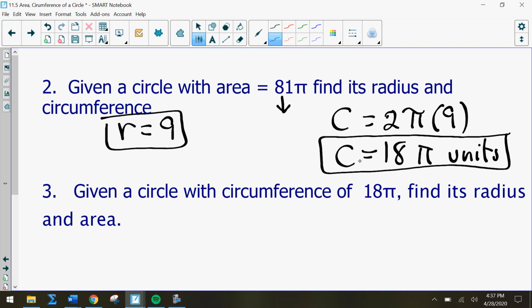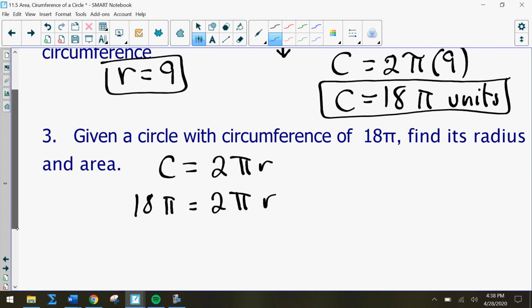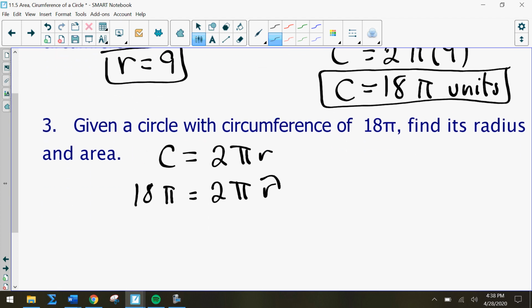Okay. And then lastly, given a circle with a circumference of 18 pi, find its radius and area. So we know the circumference is 2 pi r, and the circumference of this circle is 18 pi. So what we could do here, we could also set up an equation. And if we want to solve for r, that means we have to divide both sides by 2 pi. So remember, pi is a number.